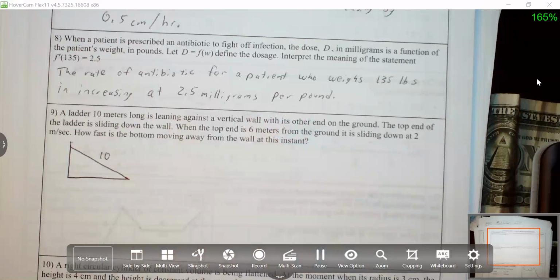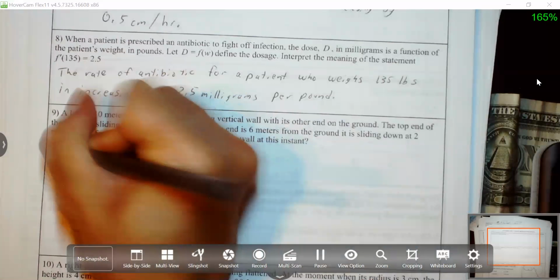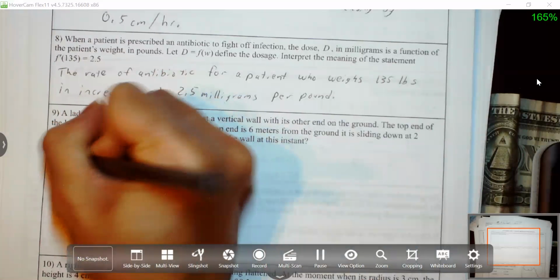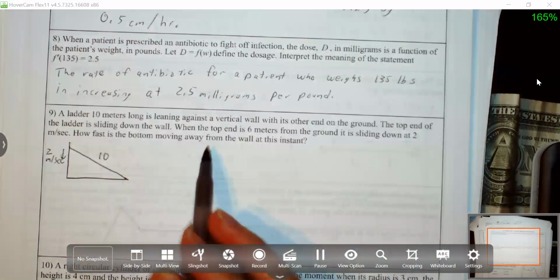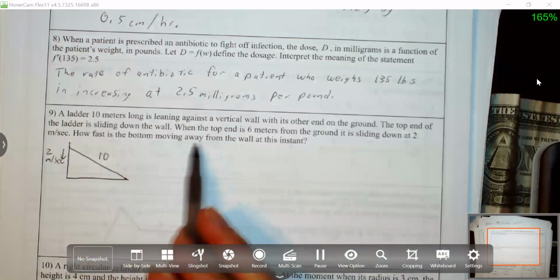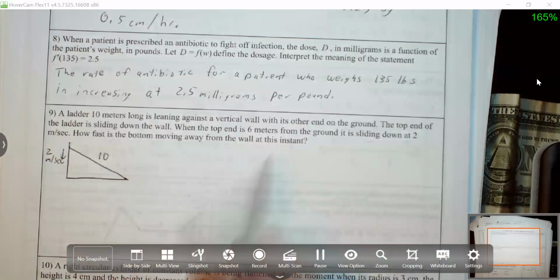And I know we are sliding down at 2 meters per second. And we want to know how fast is the bottom moving away from the wall at this instant.